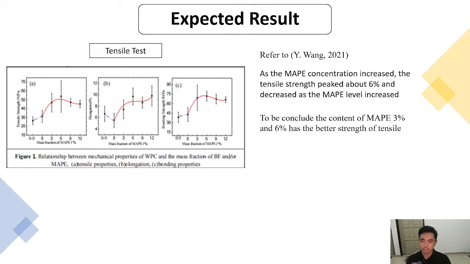As you can see from figure A, the tensile strength peaks at about 6% and then is lower after that. To conclude, MAPE contents of 3% and 6% give better tensile strength.